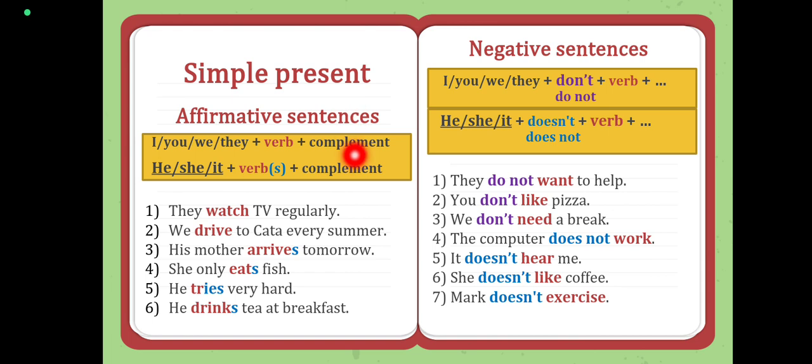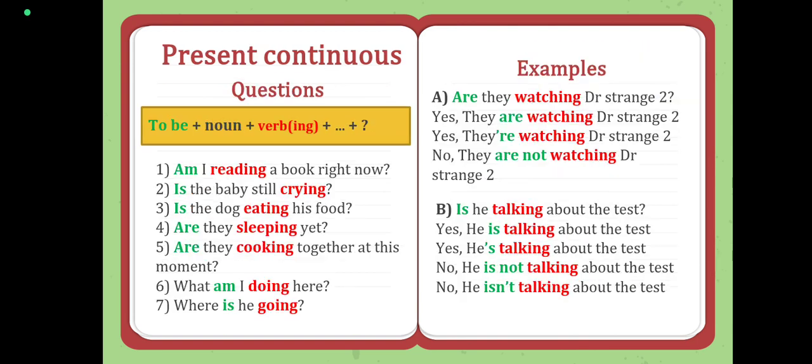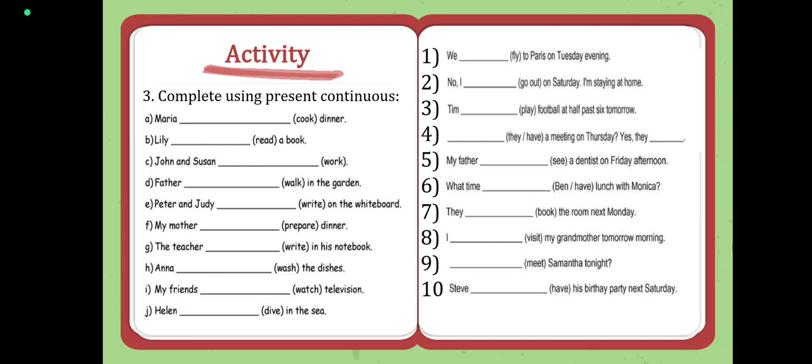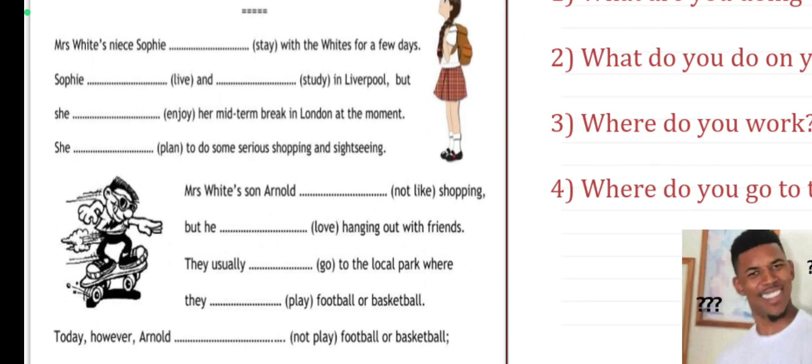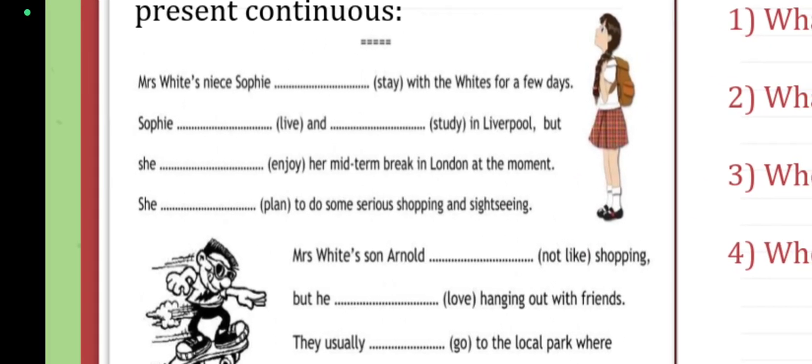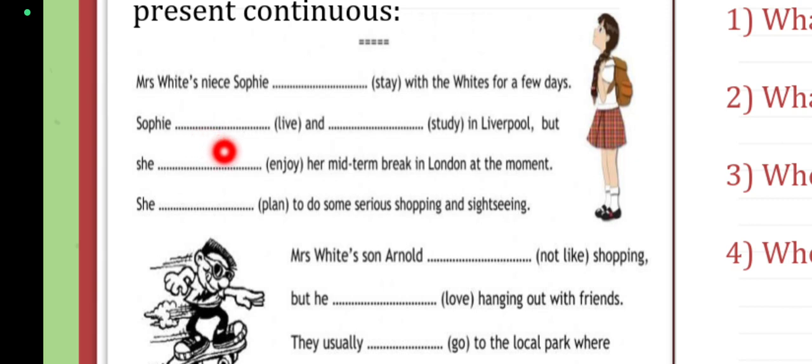Para las afirmativas, solo podemos agregarle la S al final si es he, she or it. Y si es I, you, we or they, solo colocamos el verbo y más nada. ¿Ok? Entonces en este caso tenemos una she, porque estamos hablando de Sophie. Entonces sí, aquí sí hay que agregarle la S a ambas. ¿Ok?